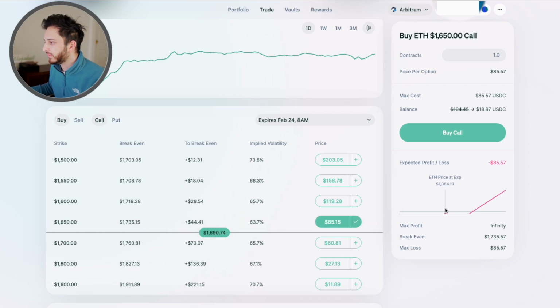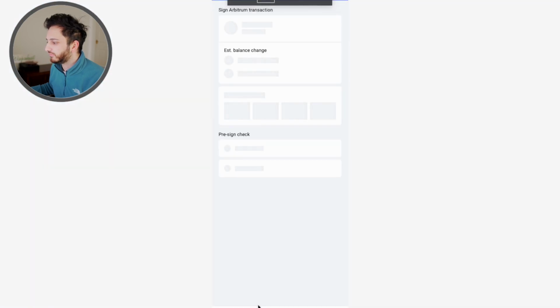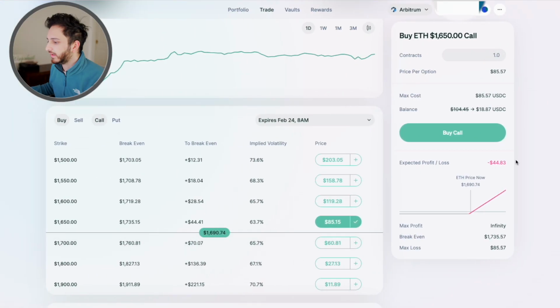You can see here that if Ethereum was to go down to like $1,000, we're going to lose $85, being the cost of the contract, and that's the same throughout up until that break-even point, which is 1735. Then there's unlimited profit if Ethereum goes up higher than that. So all you have to do is click buy. We've got to just confirm the transaction, and that's it.